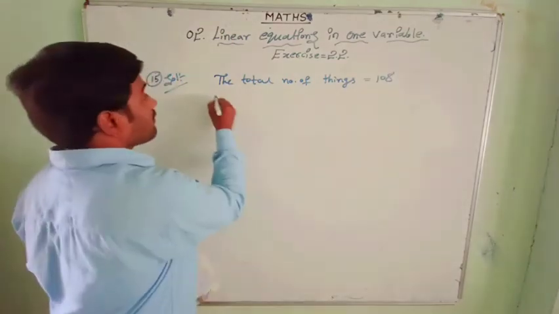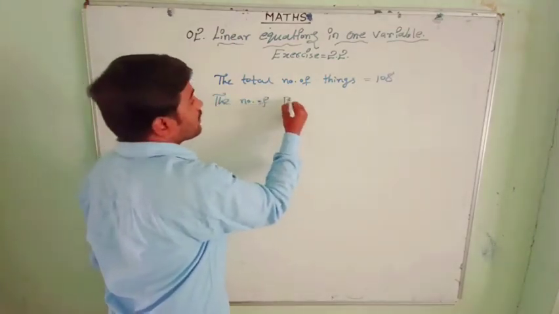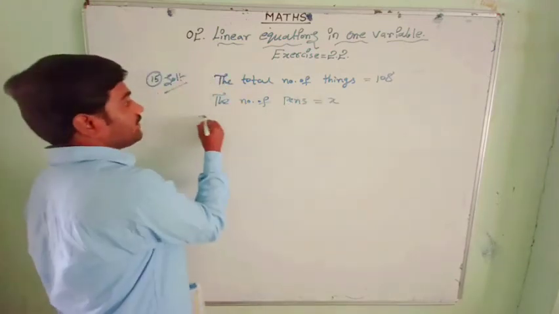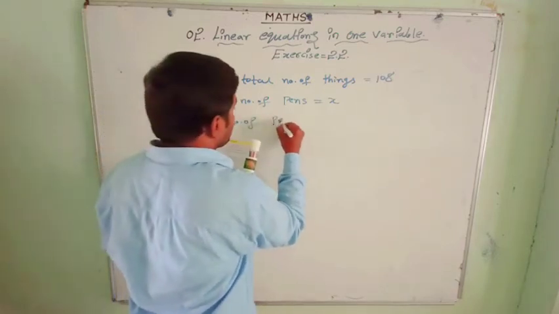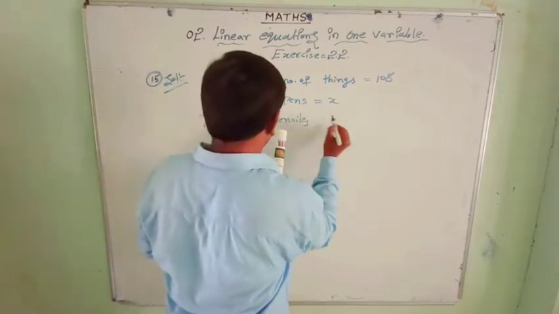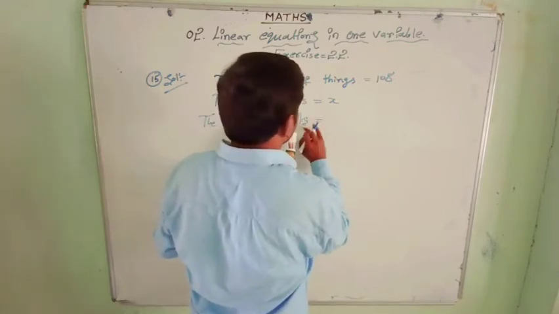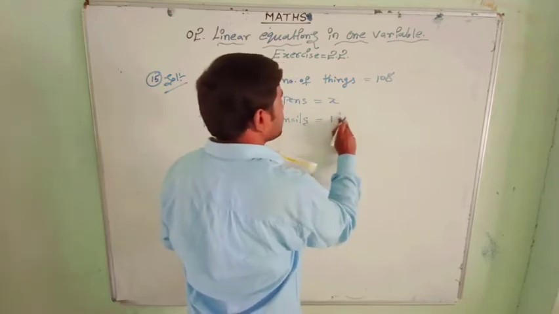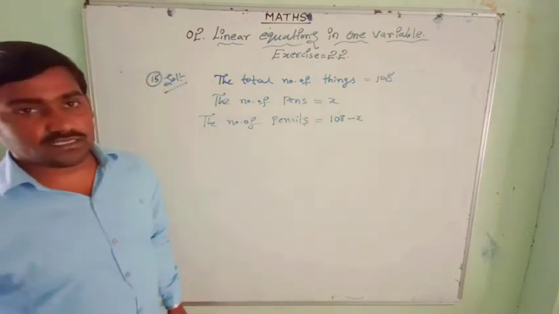So the number of pens, suppose we assume x, then the number of pencils equals 108 minus x.